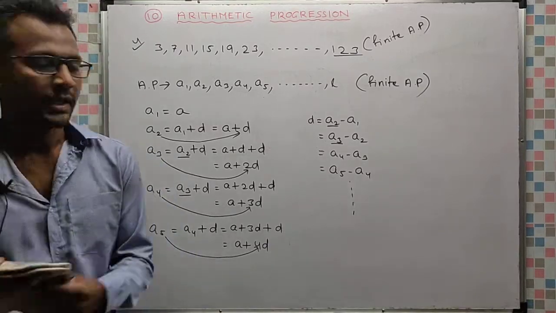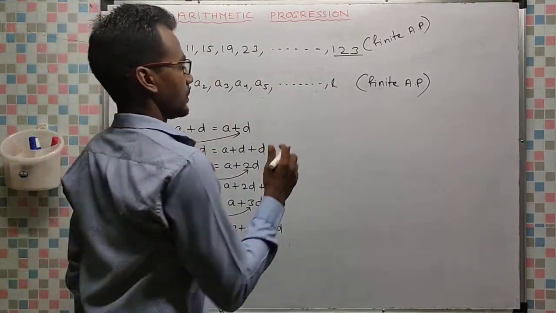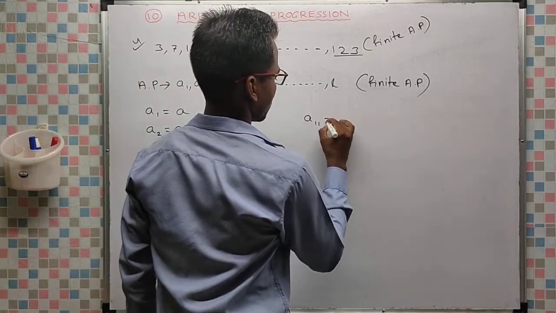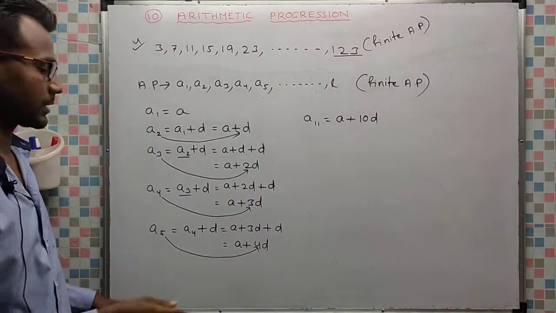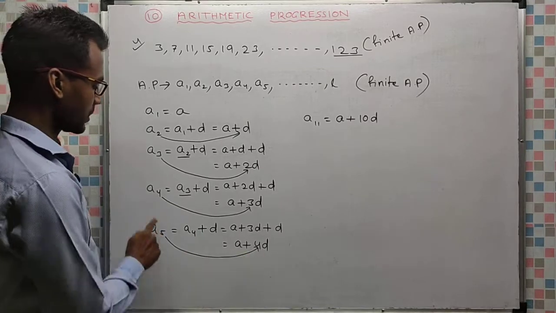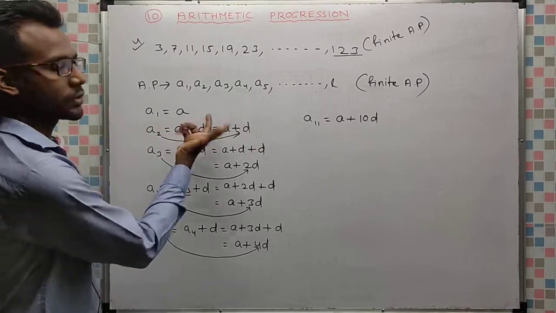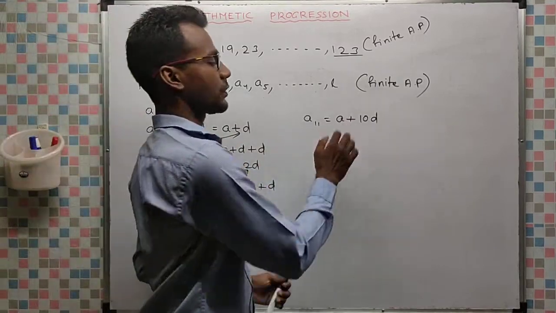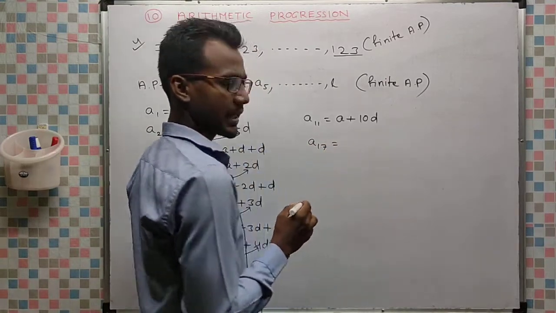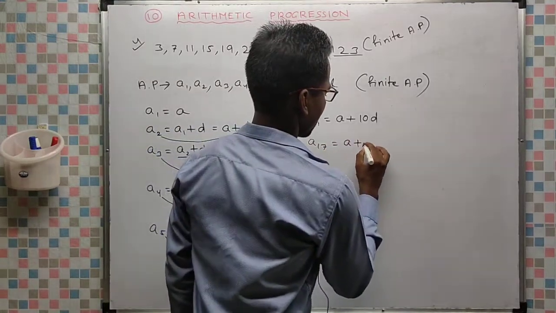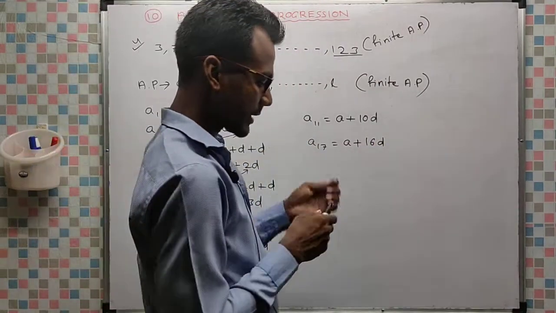So, can I say A11 is equal to a plus 10d? It should be. See the relation: 5, 4. 4, 3. 3, 2. 2, 1. 1, 0. So A11 should be a plus 10d. A17 should be a plus 16d. So we get a relation here.